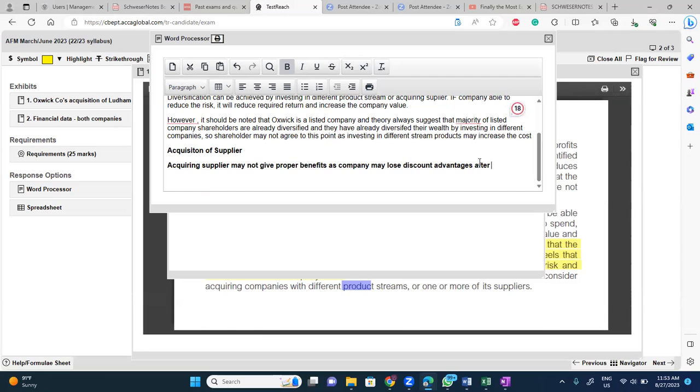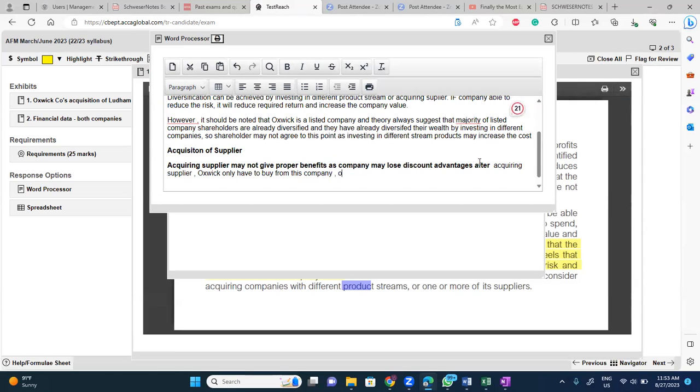After acquiring the supplier, Oxwick will only have to buy from this company.